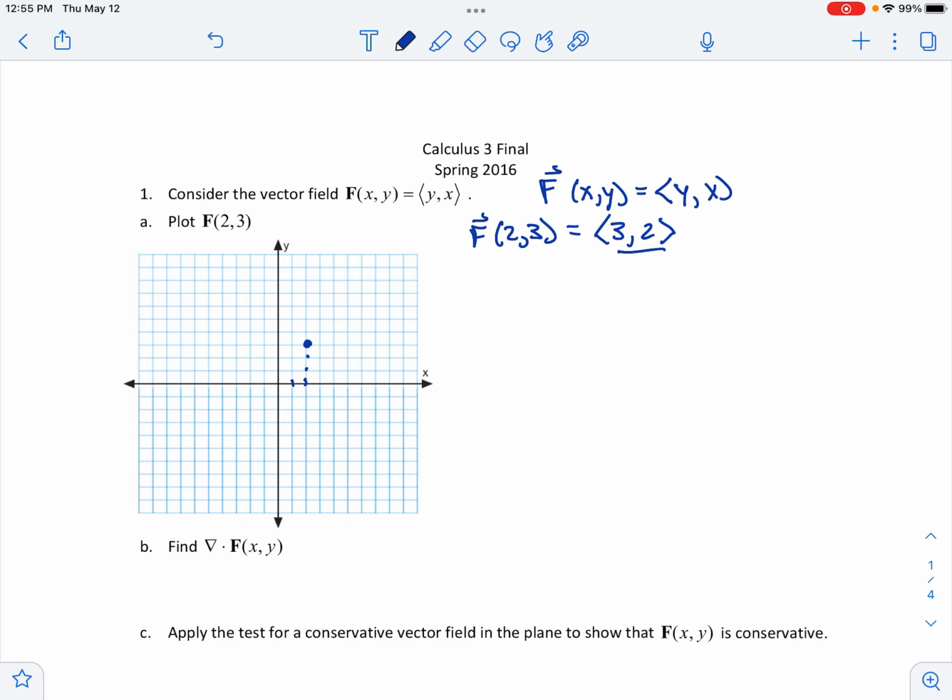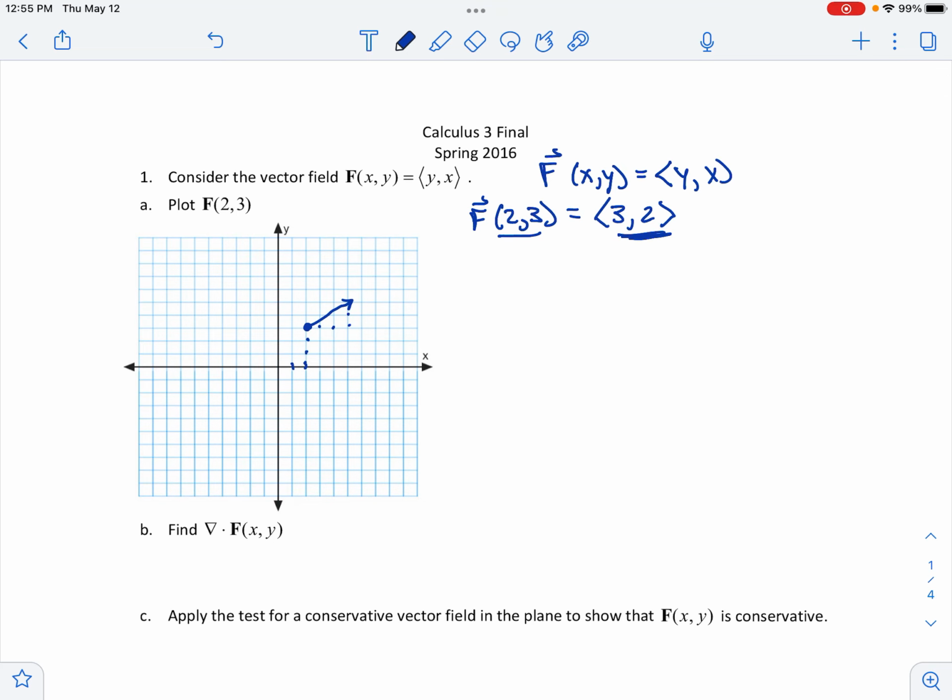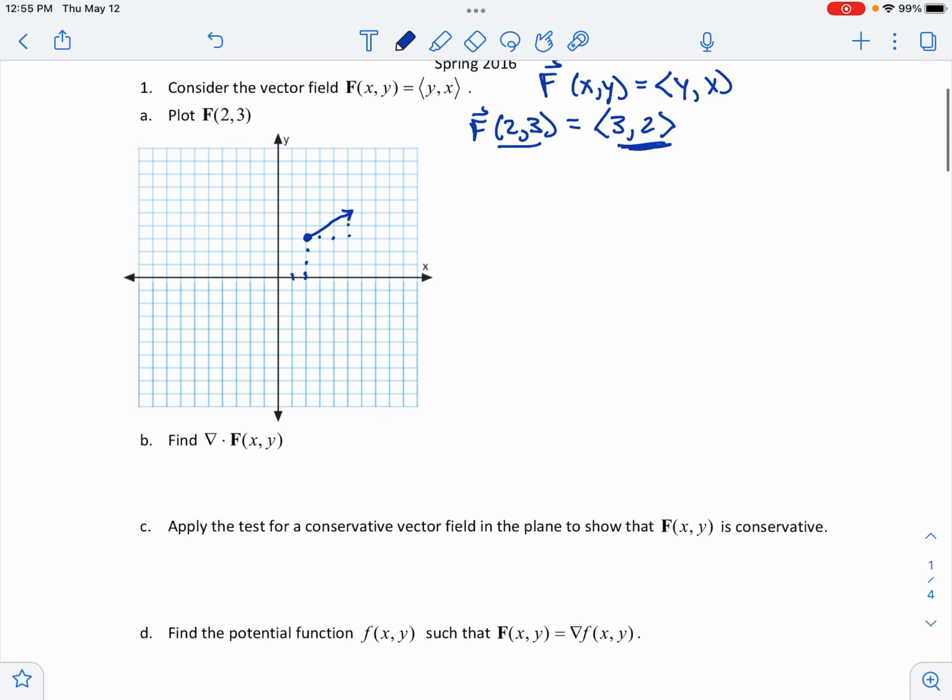I go to this point, 2, 3, and then I treat that like the origin. And from there, I'm going to go 3 to the right and up 2. So I go over 1, 2, 3, and up 2, and there's my vector there. So that's the way we would plot the output from a vector field.